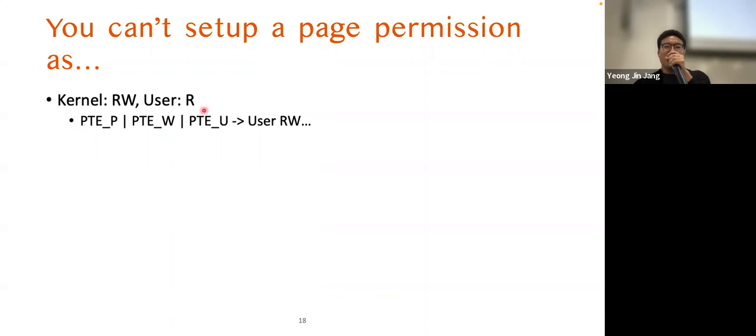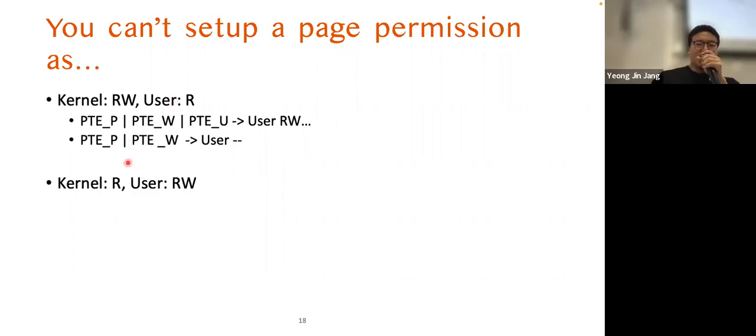But if we have all three, then it will become readable, writable to the user. But if we want to remove user access and we remove PTU, then the user will not have access to the memory at all. So that means in this kind of memory permission setup, we cannot set this kind of conflicting memory permission.